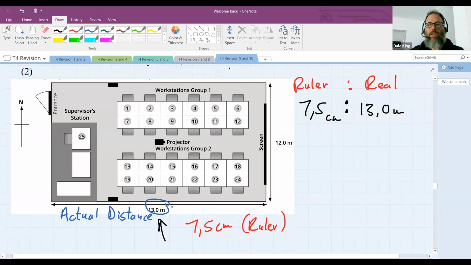And use that, they say, to work out the scale for this map. But you know that scale needs two parts. It needs the real world actual distance of the room, and it also needs your ruler measurement on the plan. You need two parts: what you measure with the ruler on the plan and what's actually happening in the real world. Two numbers, okay, to make your ratio.